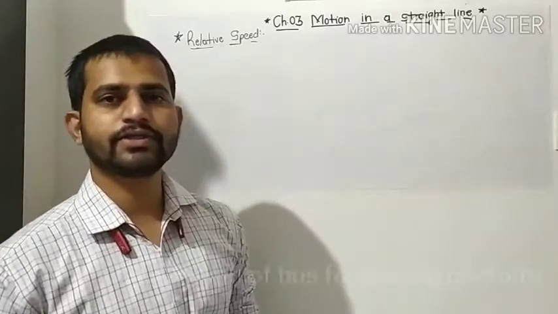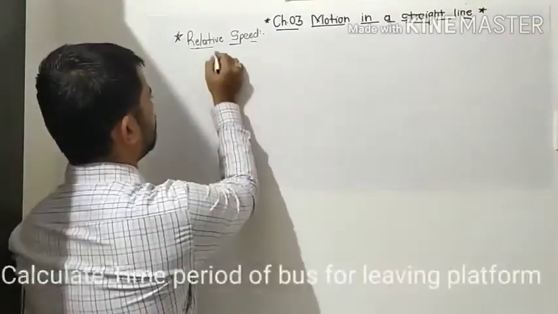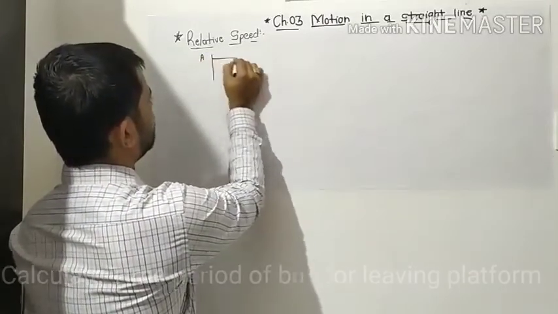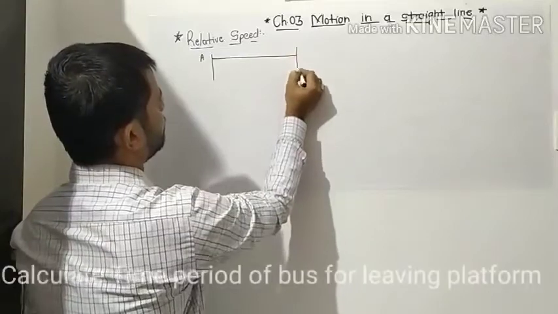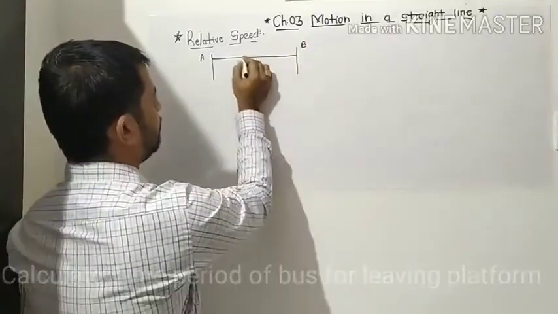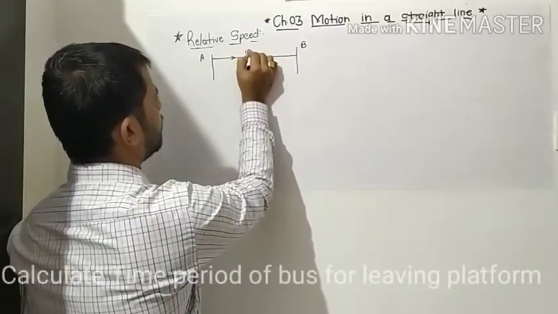How can we find this? First of all, we will draw one diagram. Here is town A, and this is town B, and between these the buses are traveling every 18 minutes.